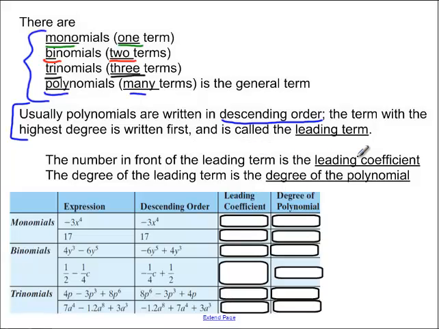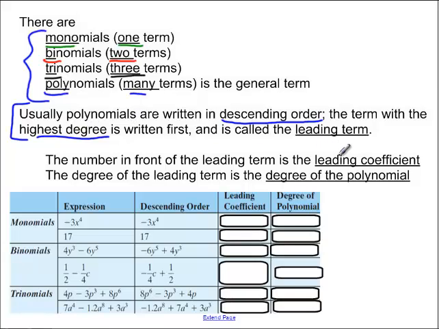The number in front of the leading term is called the leading coefficient. Again, leading term, leading coefficient, and the highest degree are like the firstborn child in the family: they're usually the important ones. They determine a lot of what goes on in the family. So the leading term determines a lot of information about the polynomial.